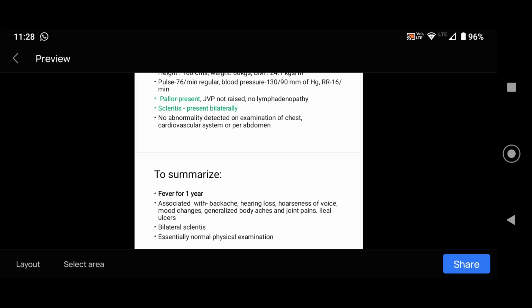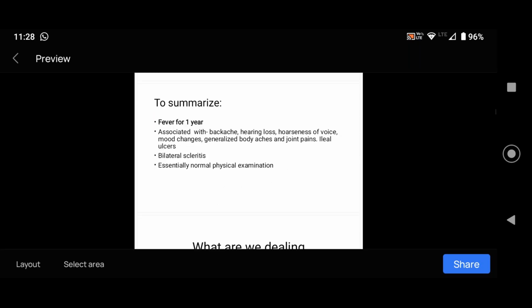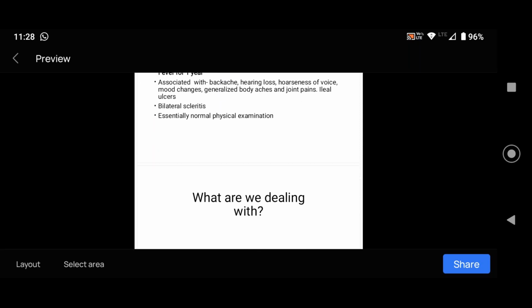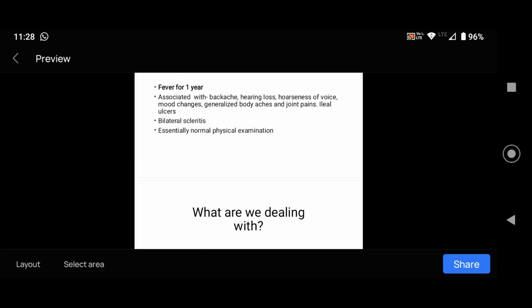Now you have to examine and find out what could be the cause of bilateral scleritis, and we will then evaluate that a little later. Ma'am, in the summary, there is a line mentioned, ileal ulcer. So we don't know whether an endoscopy was done and the ileal ulcers were found, or is the patient giving history of it?